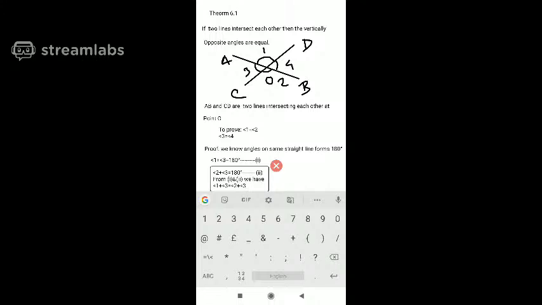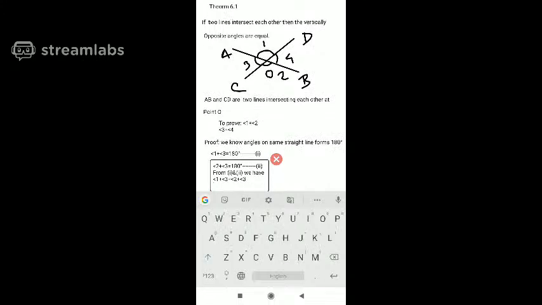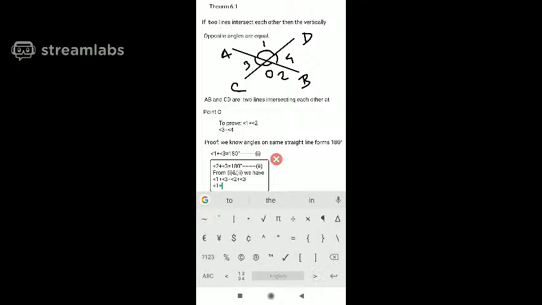Now on both sides 3 will be cancelled and we will have angle 1 equal to angle 2.